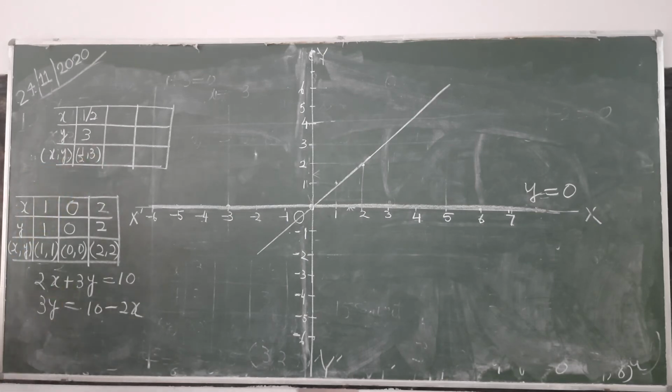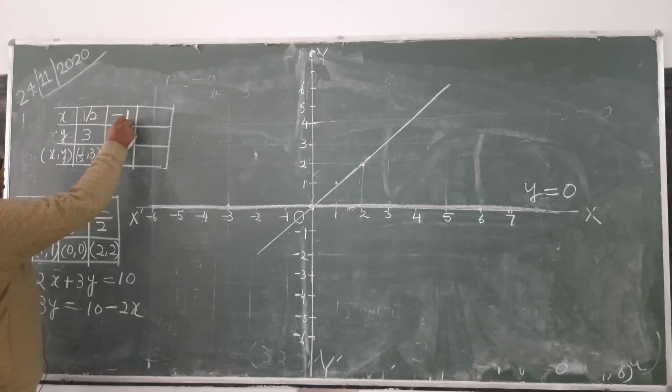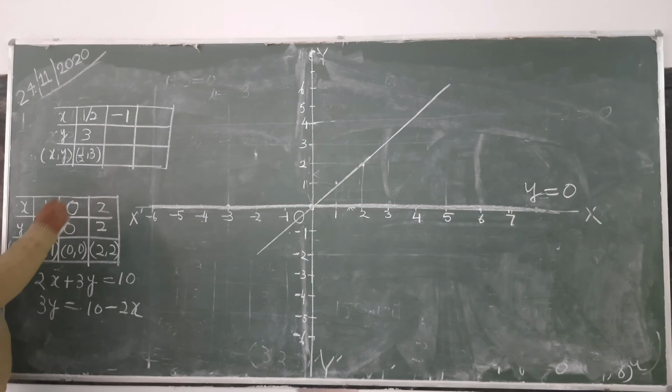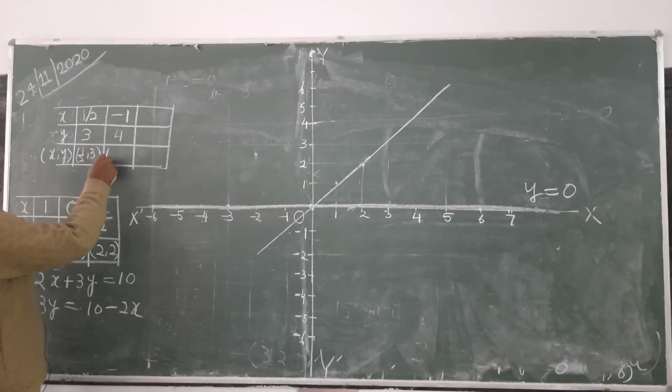Then what will you take? You take minus 1. When you take minus 1, 2 into minus 1 is minus 2. Minus 2 into this minus gives plus 2. 10 plus 2 is 12. 12 upon 3 means 4. That is minus 1 comma 4.